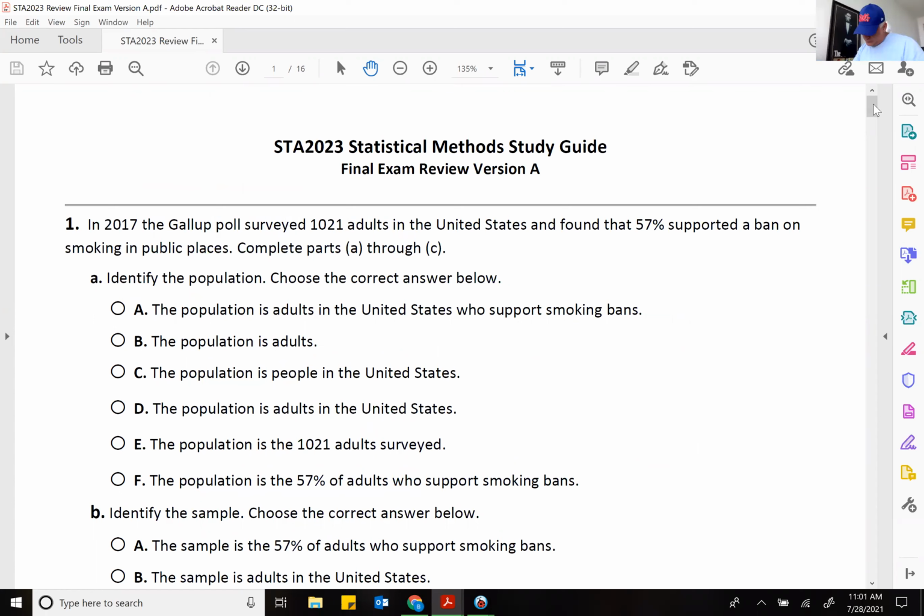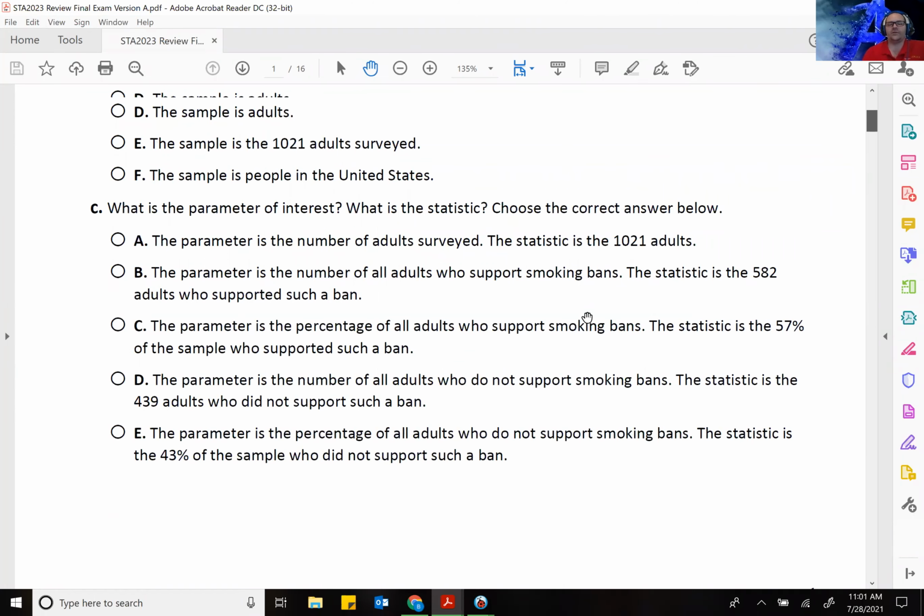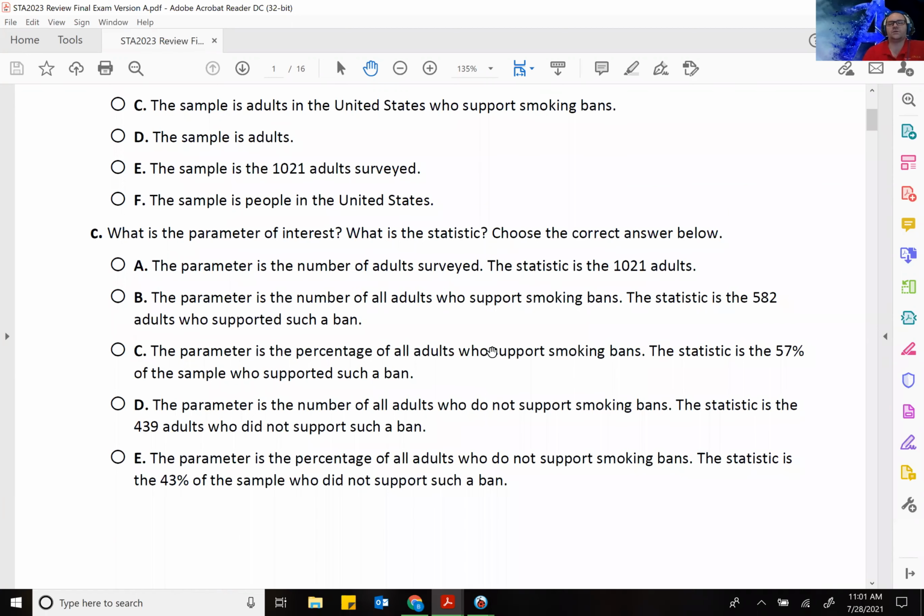Since this is a sample that we took, because it is a survey of 1,021 adults, the parameter would be about the percentage of adults who support smoking bans, which is what C says right there. And then the statistic is actually the percent that we found from our sample. So C is absolutely correct.